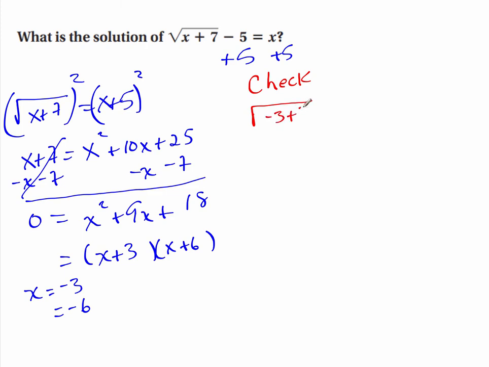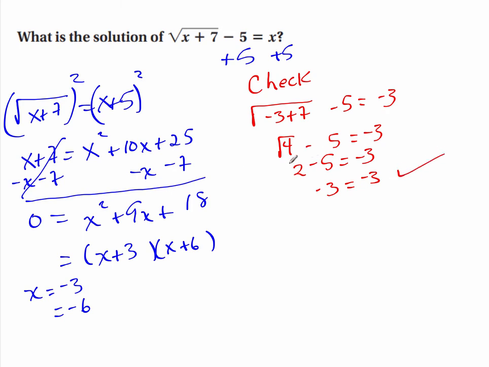Negative 3 plus 7, minus 5, does that equal negative 3? So this is the square root of 4 minus 5, does that equal negative 3? 2 minus 5, indeed, negative 3 is equal to negative 3.